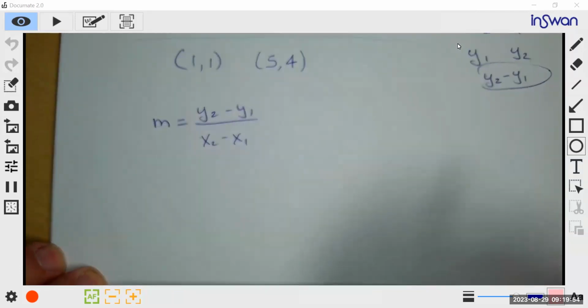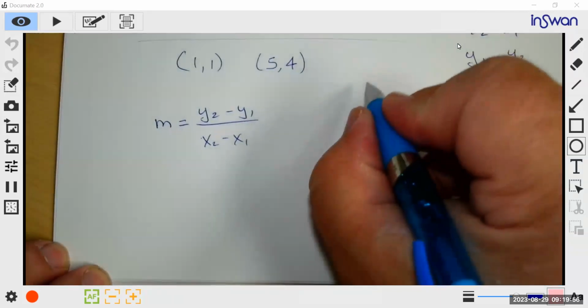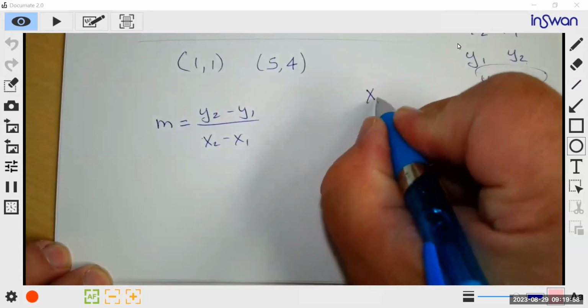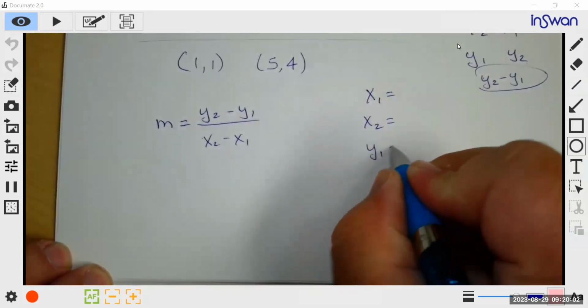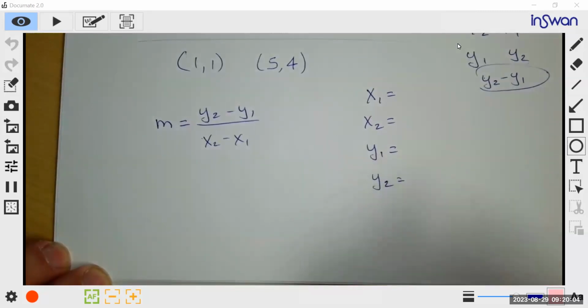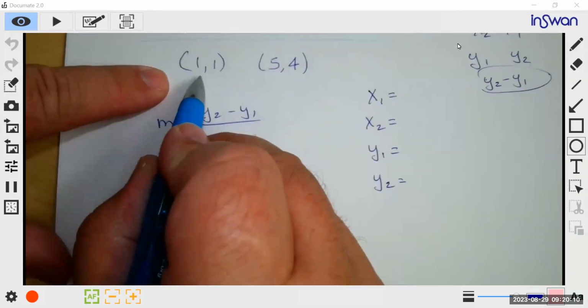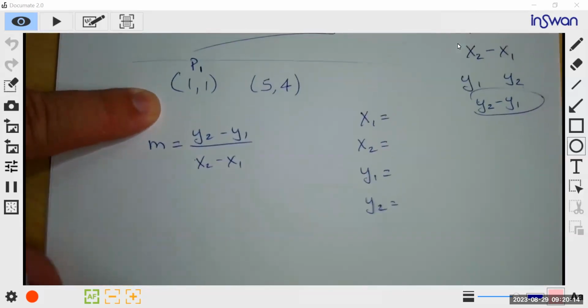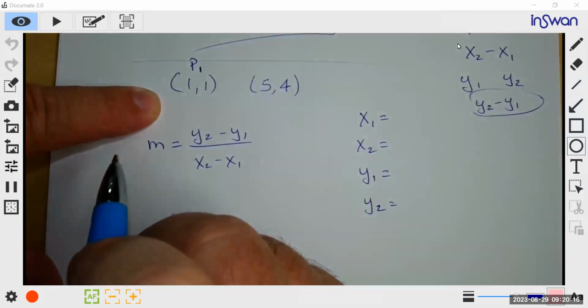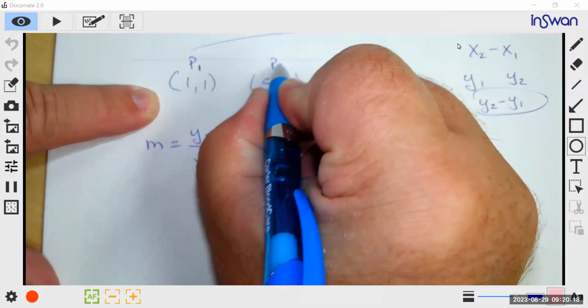The first thing you have to do is label x1, x2, y1, y2. Well, we know that 1, 1 is our first point. So that's point 1. The subscript tells us it's the first point. 5, 4 is the second point.